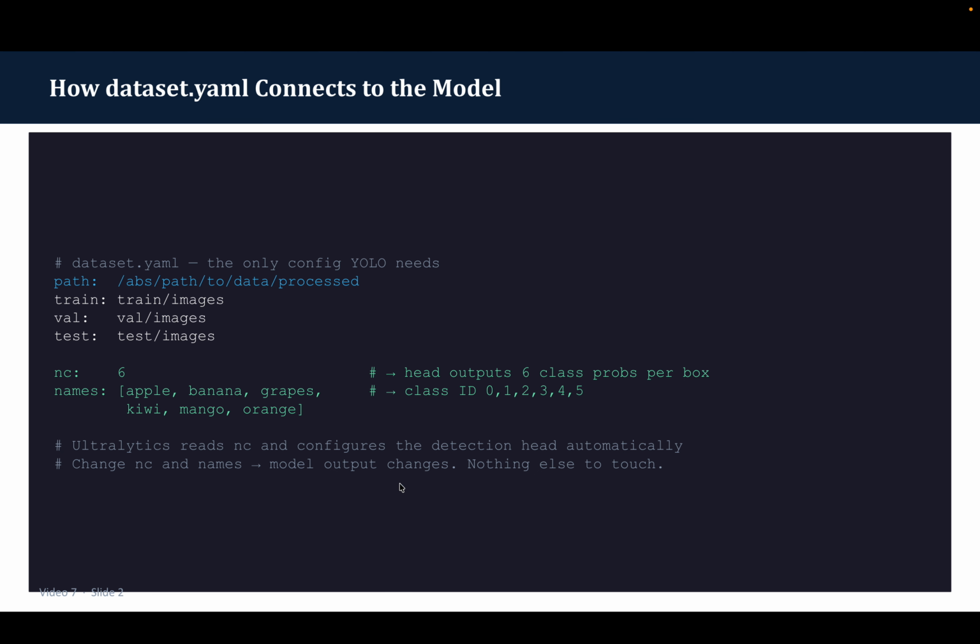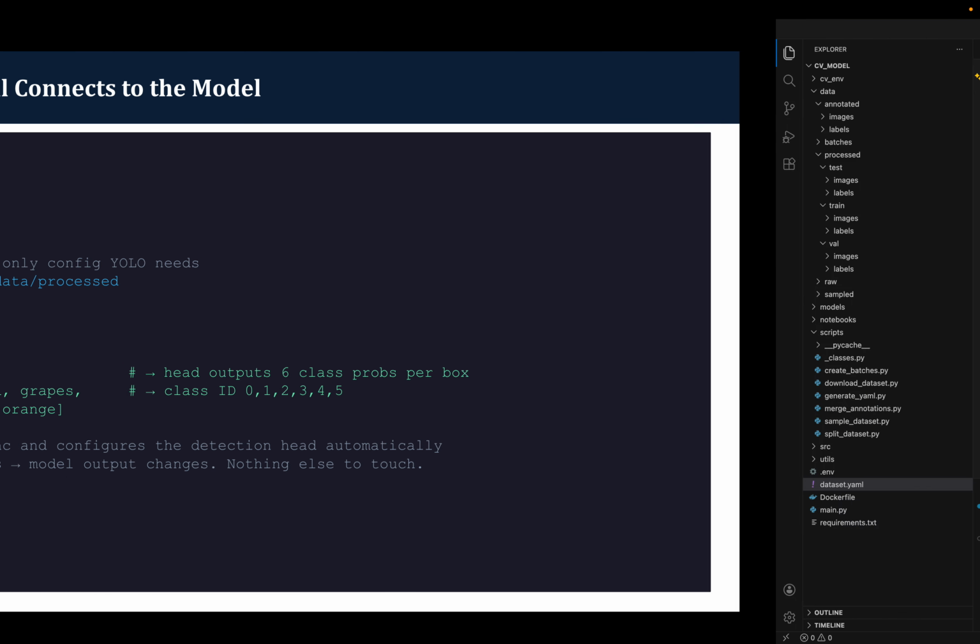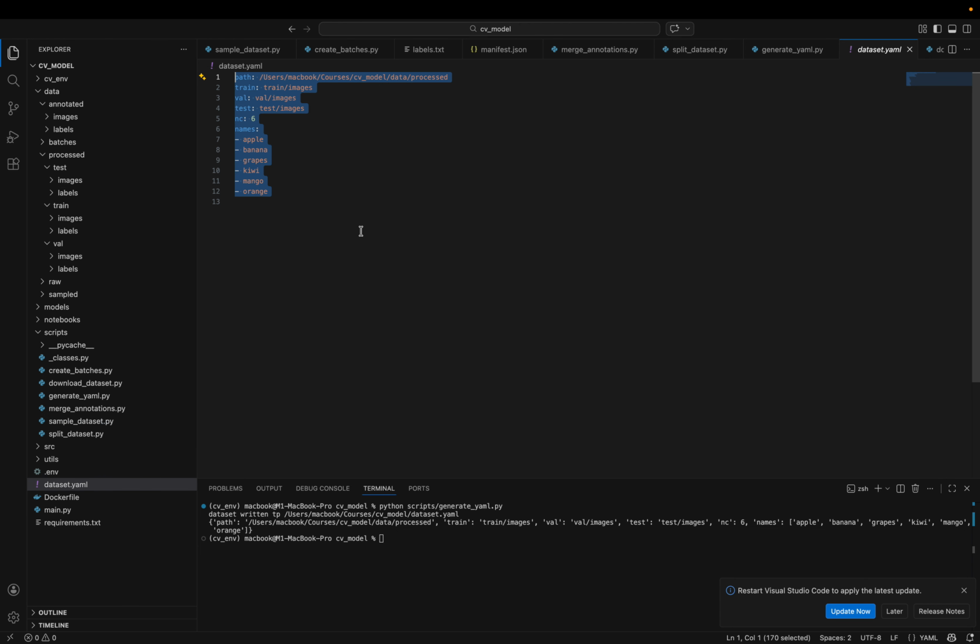So we need to now discuss how the dataset connects to the model, which is what we have here. According to your documentation, you have to define the paths where your data actually resides. Then these are the sub paths where you have your train, val, and test. The package is built in a way to automatically identify that your labels are also in this train, validation, and test.